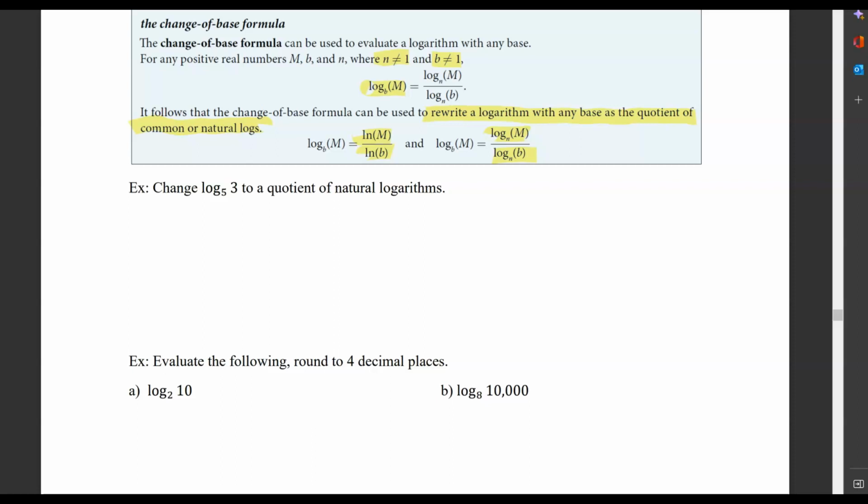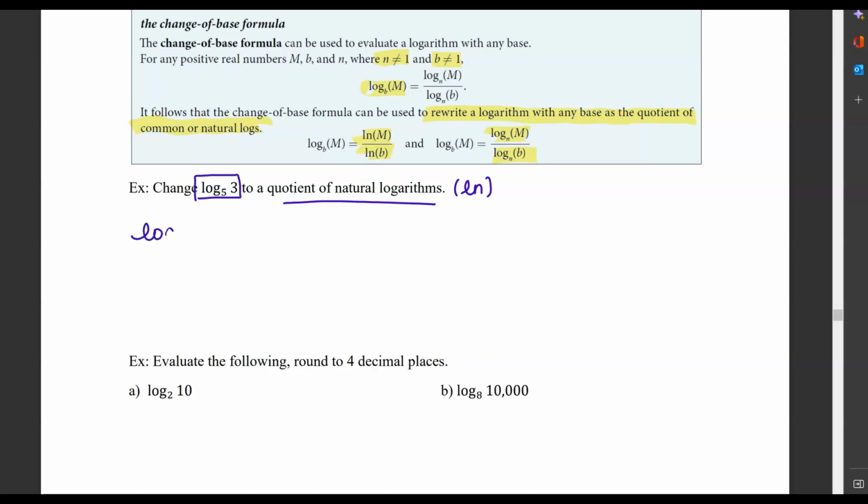So the way that we deal with this: we want to change this particular log, log base 5 of 3, to a quotient of natural logs. Remember the natural logarithm, this is our ln.